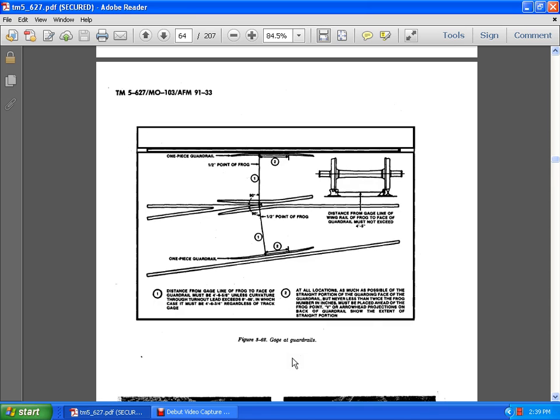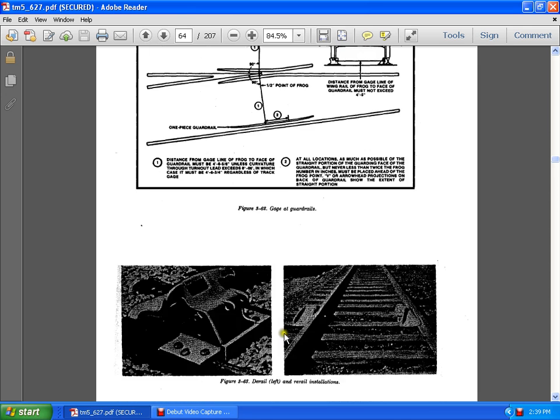At all locations, as much as possible of the straight portion of the guarding face of the guardrail should be not less than twice the frog number in inches, and must be placed at the head of the frog point, with a flared arrow-headed projection back of the guardrail extent of the straight portion.